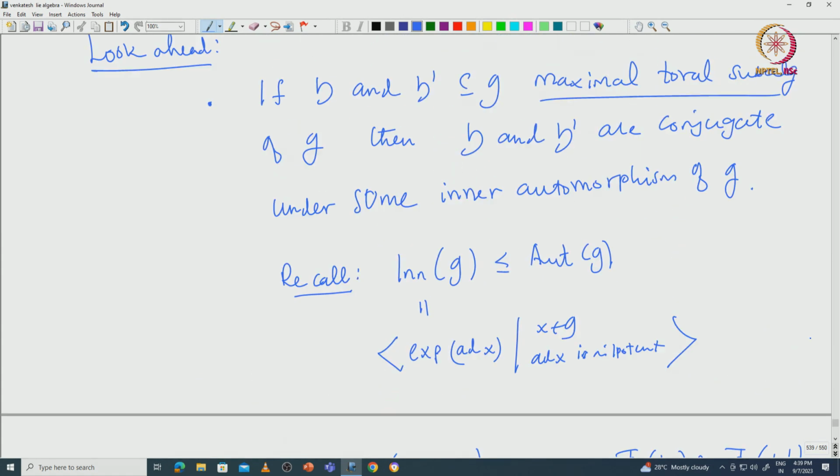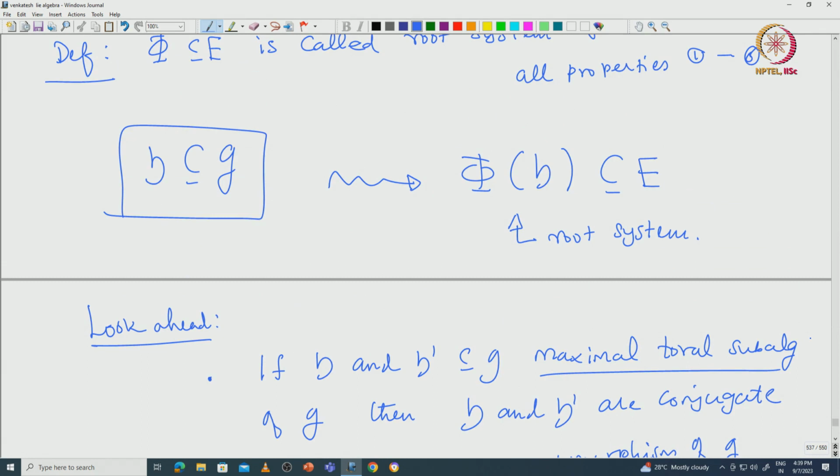Okay, so that means this association that we did by fixing the maximal toral subalgebra, the root system Φ(H) that we associated, becomes independent of the choice of H. That is actually a very big result, but anyway, that is what we will prove.